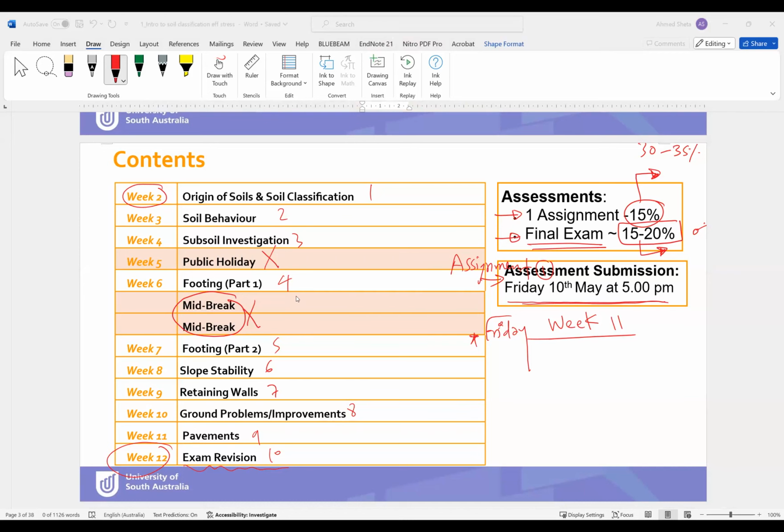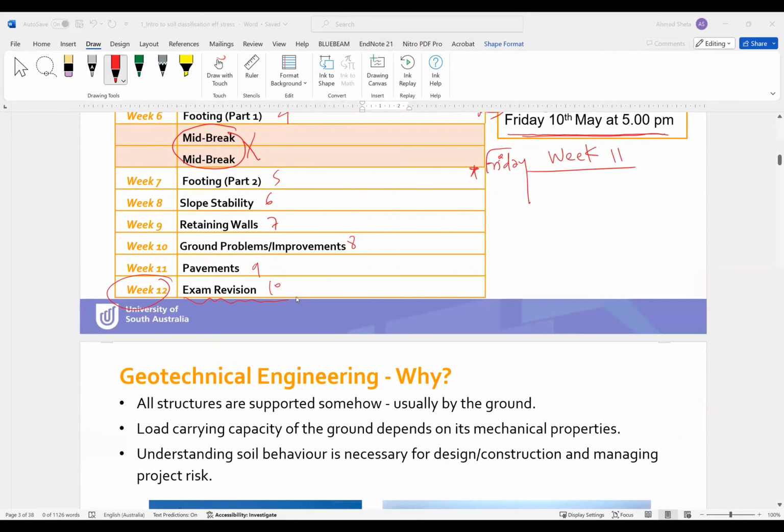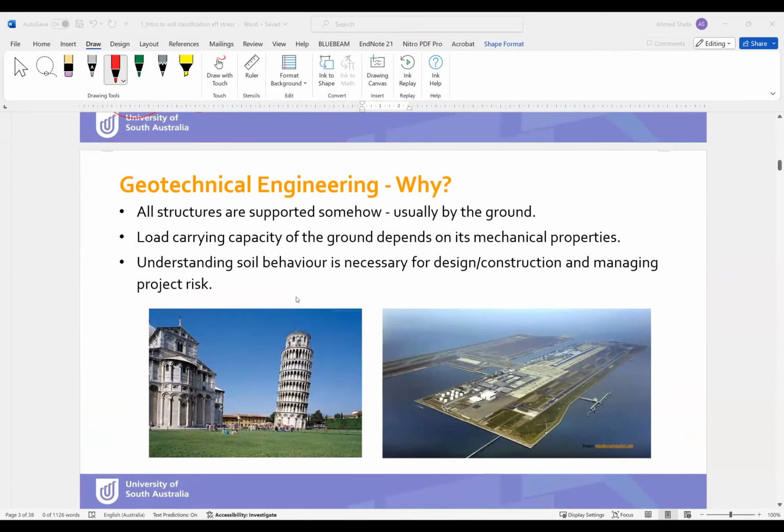Okay, so now after we know the content and the assessment, we can start our discussion about soil investigation and geotechnical engineering. As you know, the substructure part is related to soil investigation, which is important to you as a construction manager, because when you go to the site you need to know what the soil type is, to know how to deal with the soil and how to treat the soil if it needs treatment.